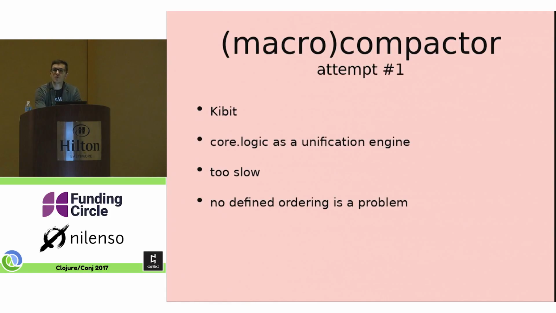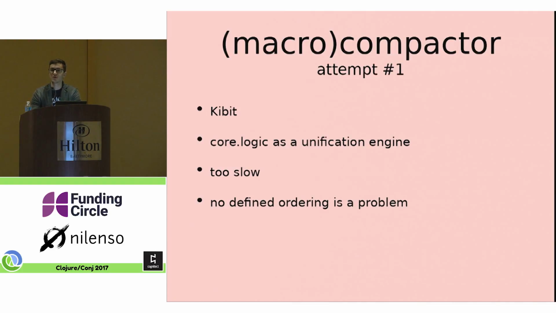And so when I was trying to implement this at first, I thought, well, we already have Kibit that does something like this. It recognizes patterns and tries to suggest more abstract representation of them. And I've implemented a first pass using Kibit and core logic. And it worked beautifully. The problem is that it took 15 seconds to macrocompact a simple doseq expression.